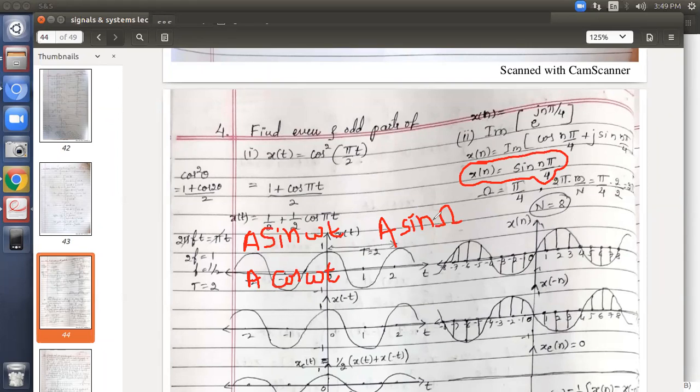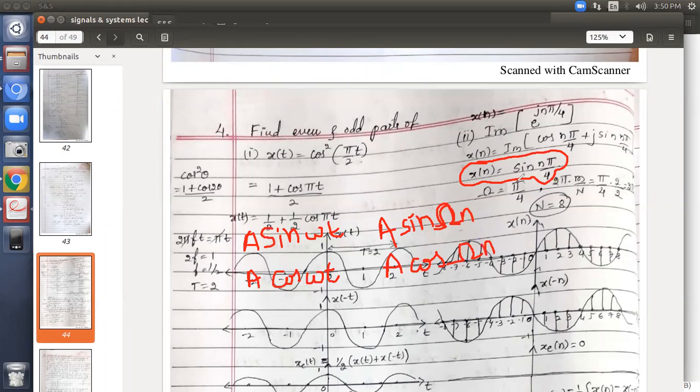There you have seen omega denoted by the ohm sign, like the resistance unit ohm. Into n, this is the general representation of sine, and for cos you take cos omega n.